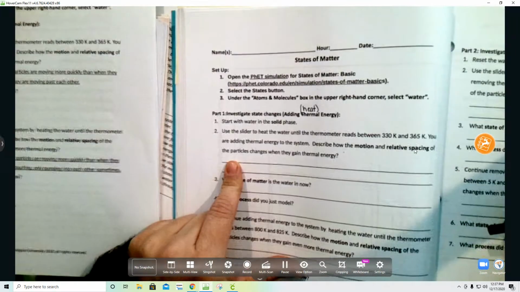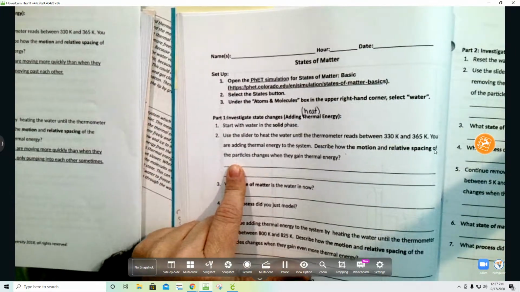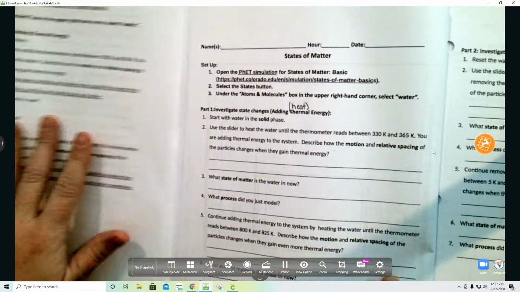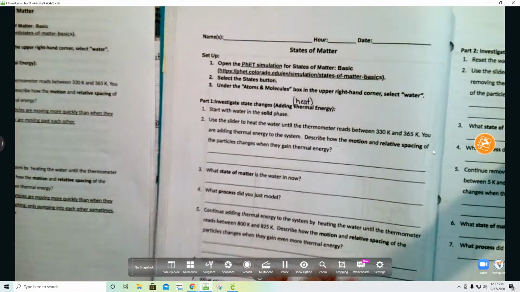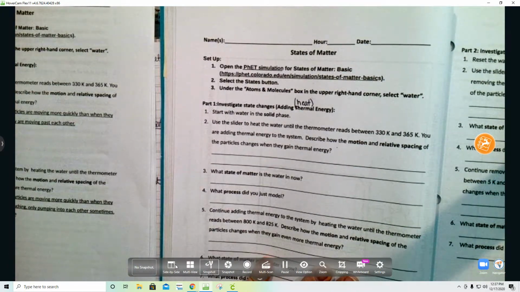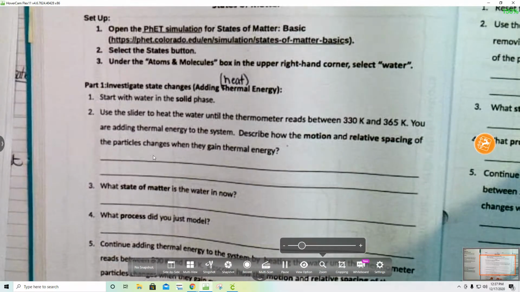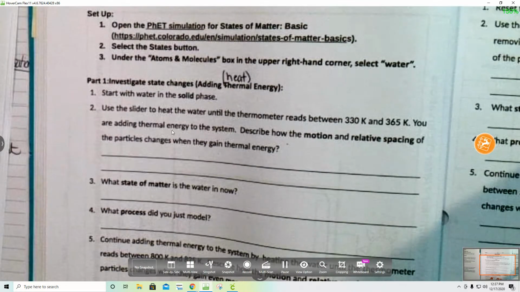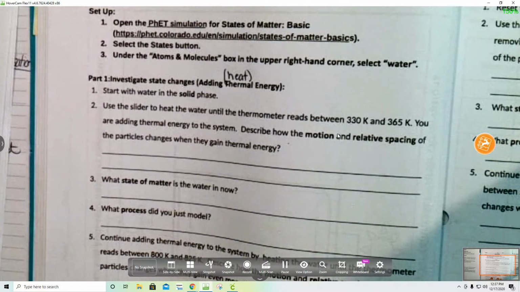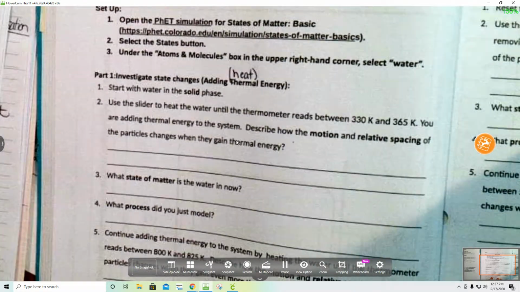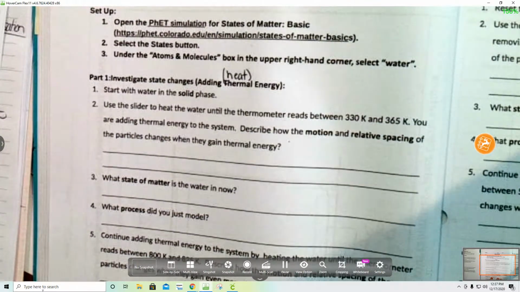We sometimes use the Kelvin scale in science, which is different from Celsius and Fahrenheit, so it might be one you're not as familiar with. It says you're adding thermal energy, you're adding heat energy to the system. Describe how the motion and relative spacing of the particles change when they gain thermal energy.